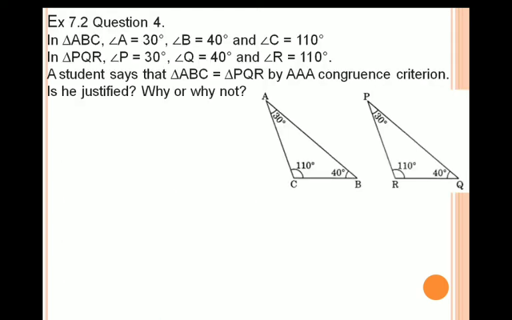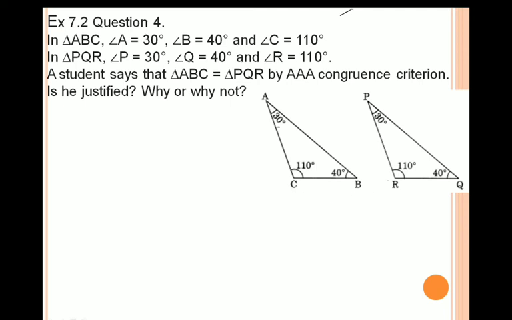Now the fourth one, look carefully. In this diagram there are two triangles, ABC and PQR. Angle A and angle P are both 30 degrees. Angle B and angle Q are both 40 degrees.